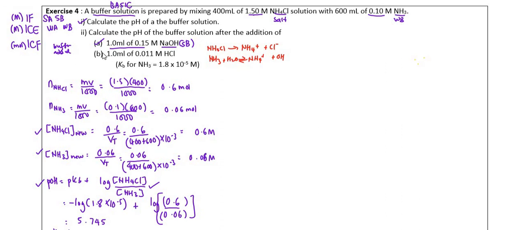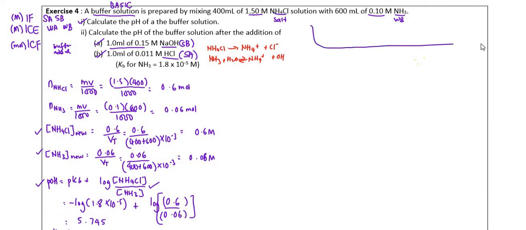Okay, now we go to the next question. 1B, 2B added 0.011 molar HCl. For now, you want to add small amount strong acid. Okay, as usual, if you want to add small amount of strong acid, you have to find for me the final equilibrium in your beaker.